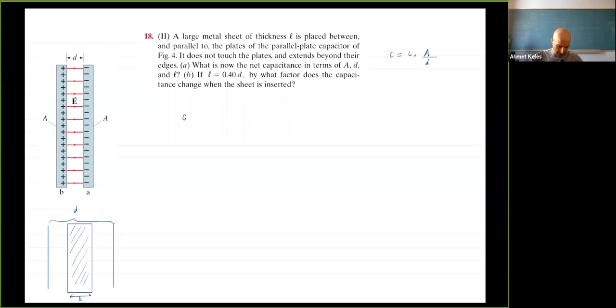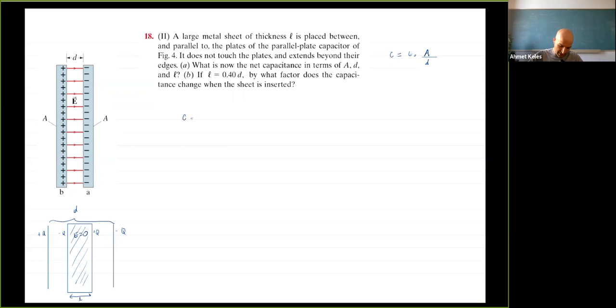Let's say I have plus Q here and minus Q here. What's the electric field inside the metal sheet? Electric field inside is 0, right? Yes. And if the electric field is 0, this side should have minus Q and this side should have plus Q, but it doesn't matter.